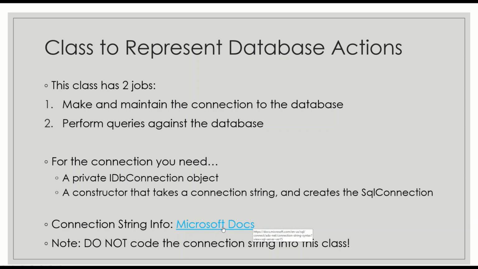I'm going to show you an example that most likely will work with your home system setup because it uses pass-through authentication. So if you have permission in Visual Studio, you should be able to pass that permission through to SQL Server. And there are other types as well. If you are using Windows authentication in SQL Server, it becomes really simple. If you are using SQL authentication, then you'll need to provide your username and password.